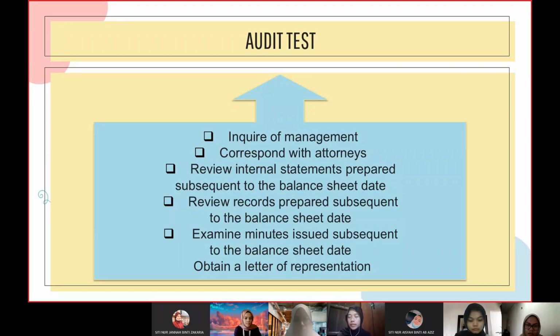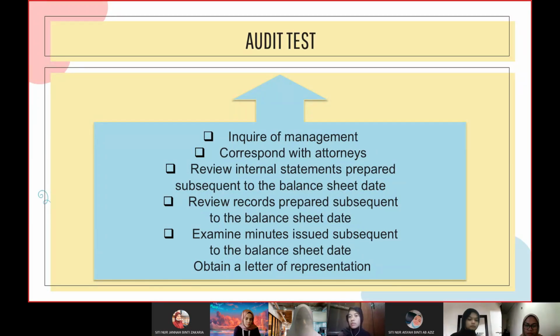Okay, in audit testing for subsequent events, we need to be concerned with certain events, which means we inquire of management, correspond with attorneys, review internal statements, and prepare subsequent to the balance sheet.